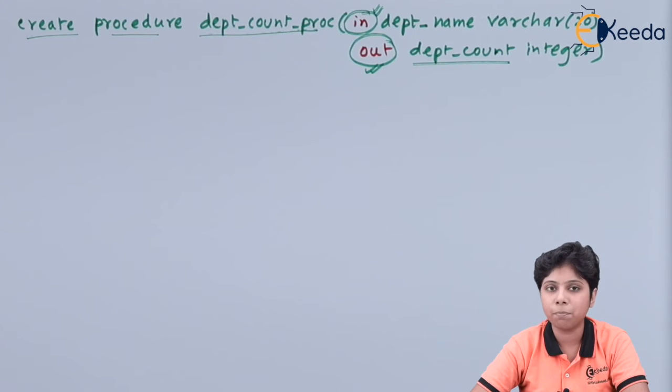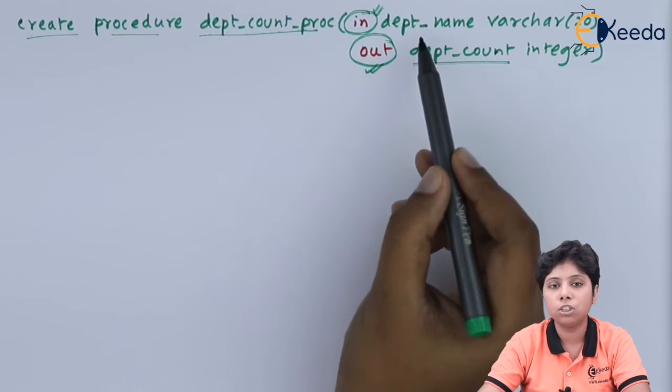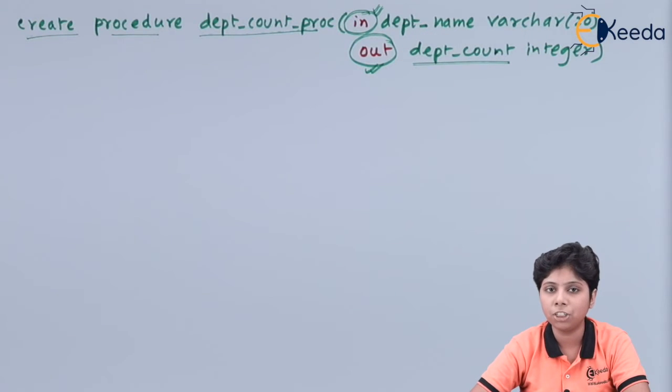Whenever I am putting an in, that means I am inputting this value to be considered as a part of the procedure, and the out variable is where the result of the procedure will be stored. Now the department count can be used in any other SQL queries just as a function can.